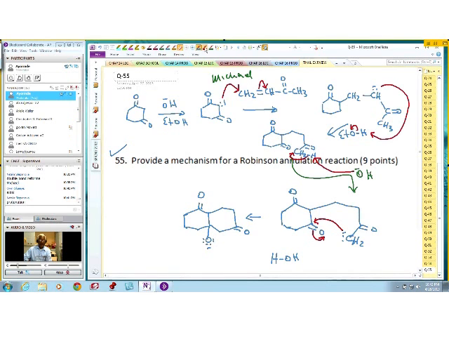So we could think of a situation in which this alkoxide comes here, pulls off the proton from water, and then we have this. The ketone is here. At this point, we have formed our aldol.